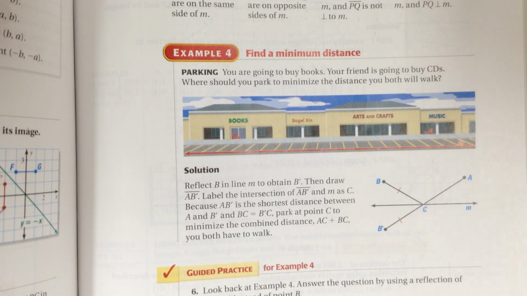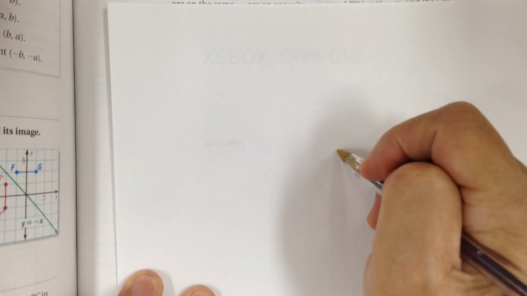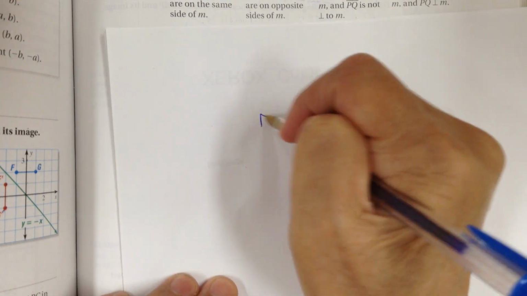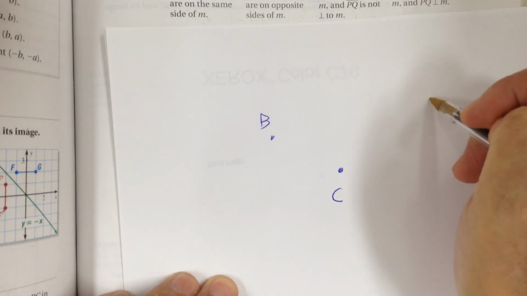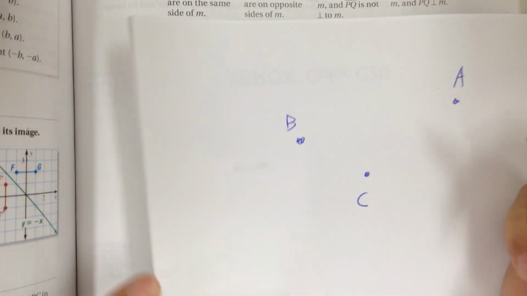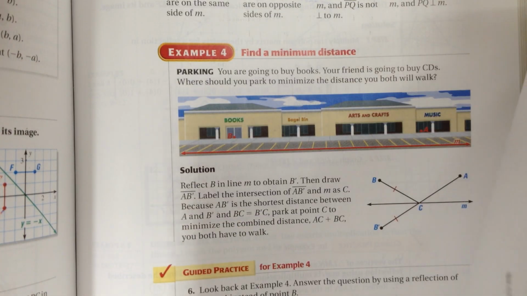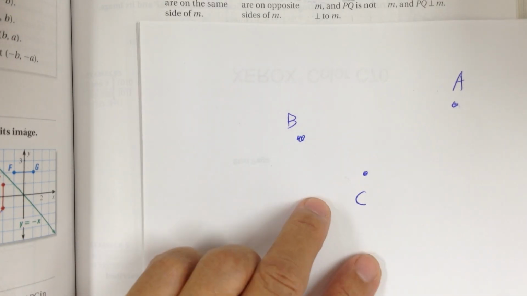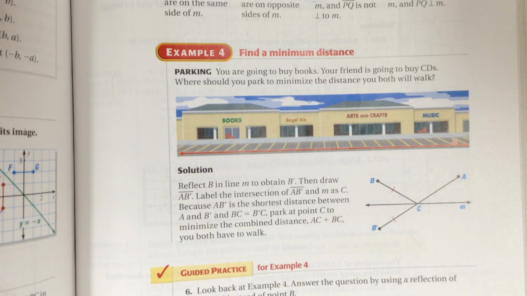So what this means is this. So here is the store, and here's a person, and here is another person. No, back up.